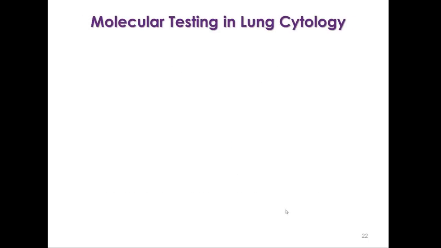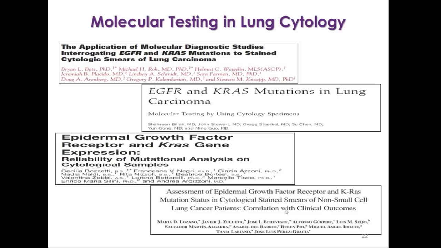So let's move on to looking at molecular and lung cytology. Around 2004, with the discovery of the EGFR mutations, there have been several publications that have shown that you can do these molecular tests from cytology specimens.